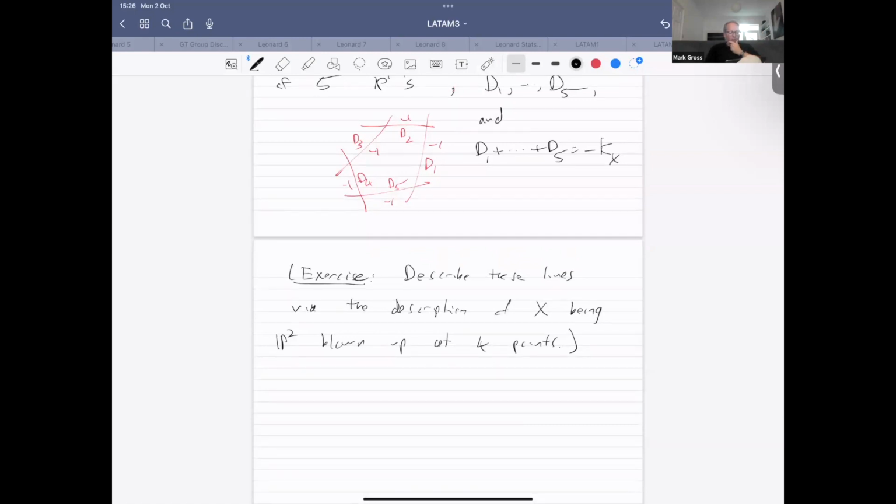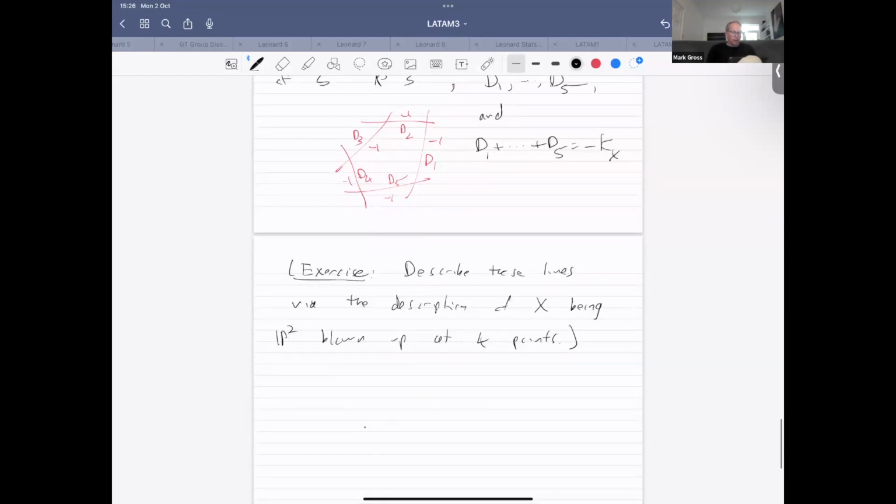Good. So now let's draw the B, P. So a priori, I just have 5 cones. Again, I want to think about this as an abstract piecewise linear object. For the moment, these cones are generated by D1 star, D2 star, D3 star, D4 star, and D5 star.